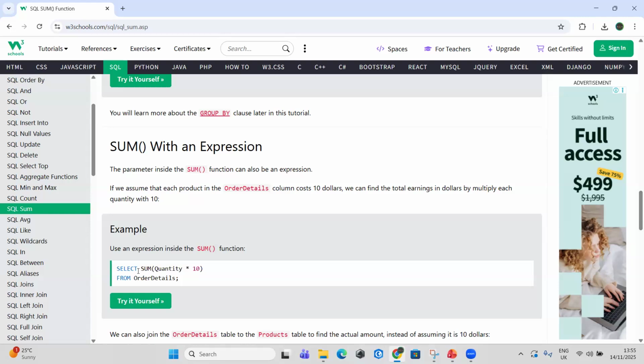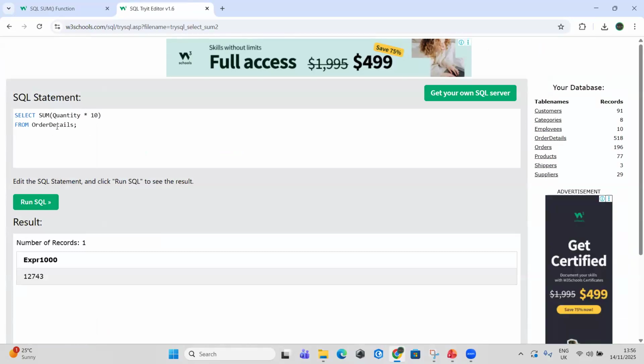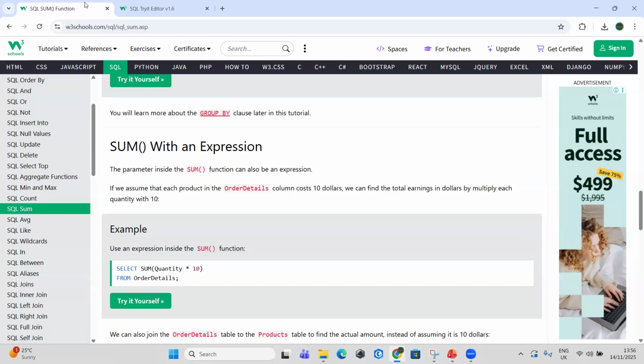Now what it's saying is, for example, you knew what quantity you are selling today, or overall, and you know each price is 10 euros or $10.